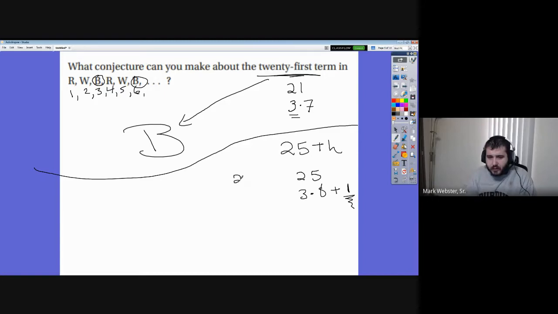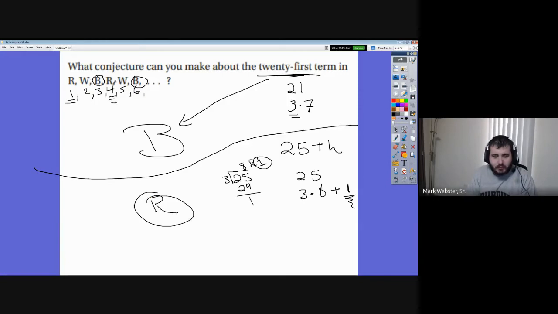To say it another way, if I look at 25 and divide it by 3, that goes in 8 times, remainder 1. So we want to know what numbers on here when you divide by 3 give you remainder 1. Well, that's 1, 4, 7, and so on. So for the 25th term, you're talking about, well, what's the red one? I keep thinking red, white, and blue here, so I don't know if that's what they mean.